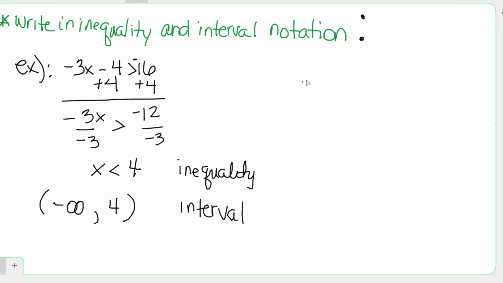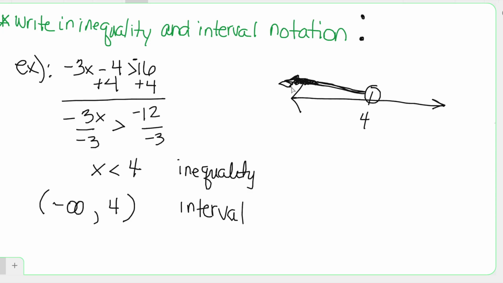Now, how do you graph this? We're going to graph this on the number line. So 4, and what are the numbers less than 4? Are we going to use an open circle or closed circle? Open circle, and we are going this direction. Any number that is less than 4, I'm just trying to bold it in for you guys.